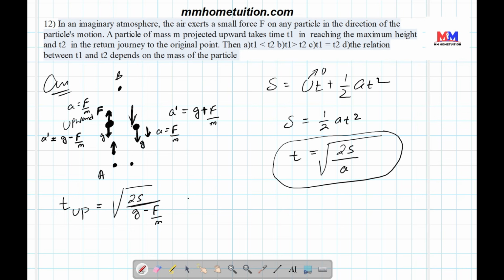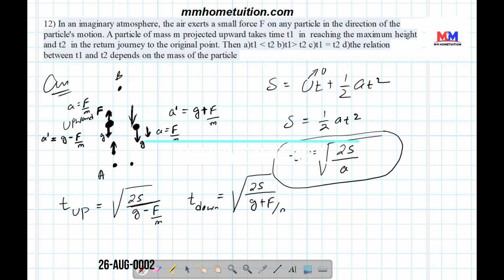In case of downward motion, t equals root over of 2s divided by g plus F divided by m. So that is the time during the downward motion. As acceleration is minimum in case of upward motion, the time taken is maximum.